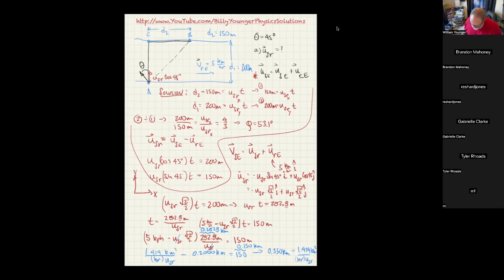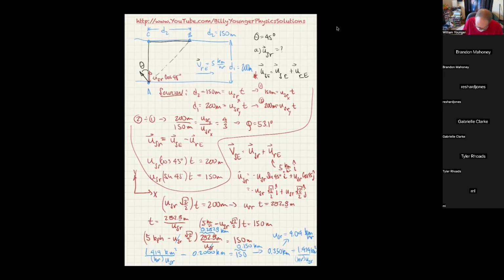So that gives me U_SR would be 1.414 divided by 0.35. And that gives me U_SR is equal to 4.04 kilometers per hour. So that should be the velocity in kilometers per hour.